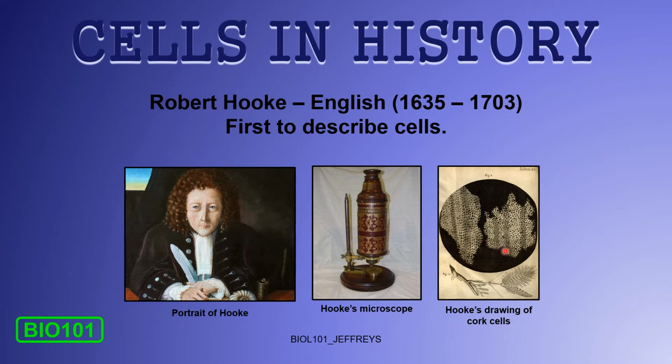Here is a little sketch of his sample of cork cells. He took a little slice of cork and looked at it under his fancy microscope, and he thought that these little units looked like the rooms in a monastery or the cells in a prison, and so he called them cells.